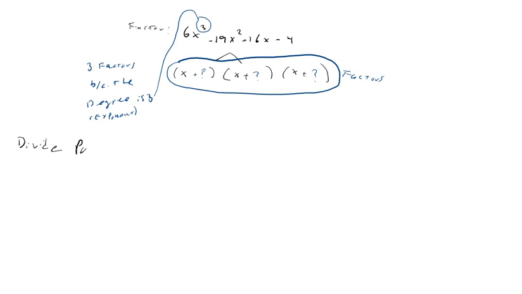I want to take 6x cubed minus 19x squared plus 16x minus 4, and I want to divide by, let's say, x minus 2.